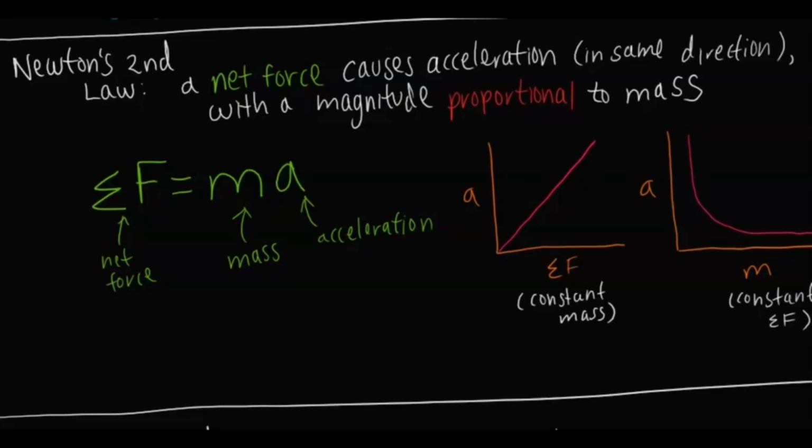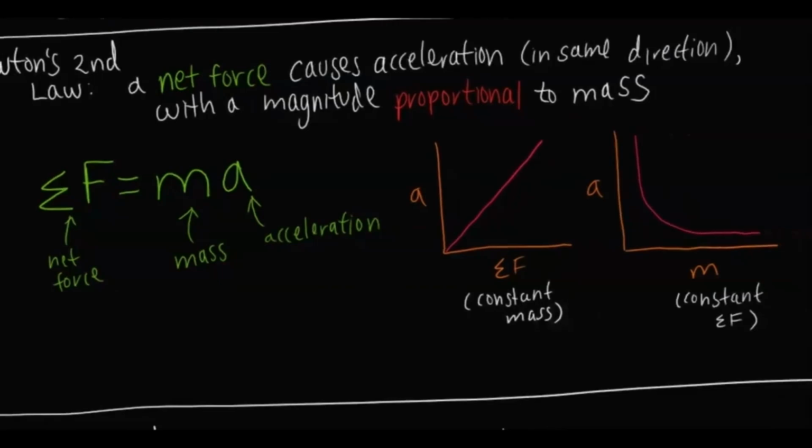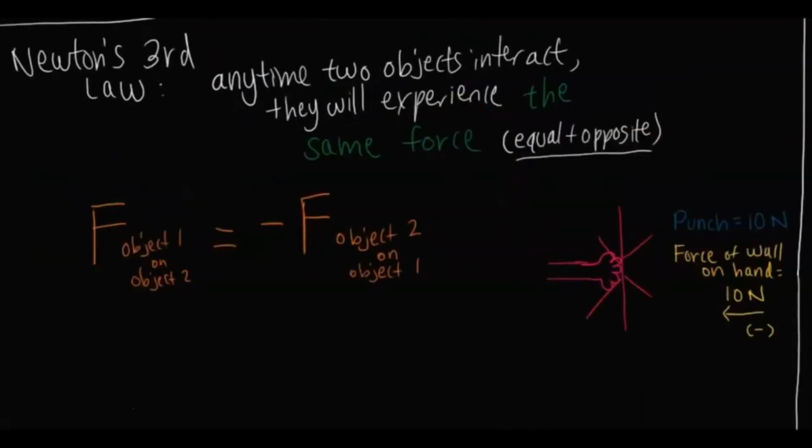Whenever the net force increases, acceleration will also increase, at a constant direct relationship, granted mass is constant. And as for mass, if mass increases and the net force stays the same, then acceleration will decrease inversely. Okay, so now let's talk about Newton's third law.